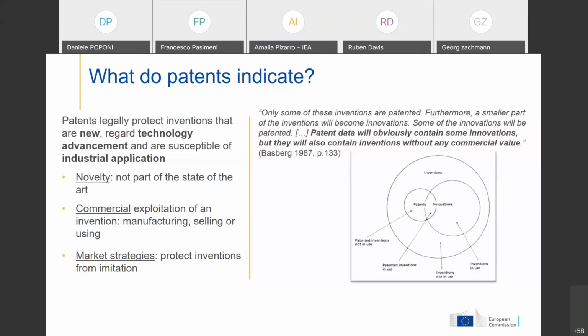And we also need to know, and here I quote Basberg in 1987, that only some inventions are patented, and a small part of these inventions may become innovations. So it is important to know that the patent data that we analyze will, of course, contain some innovation, but they may also contain inventions that have no commercial value.